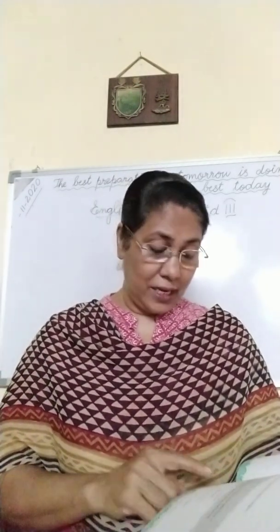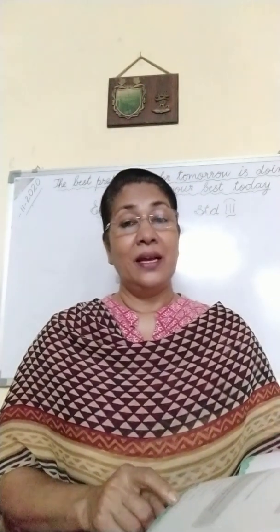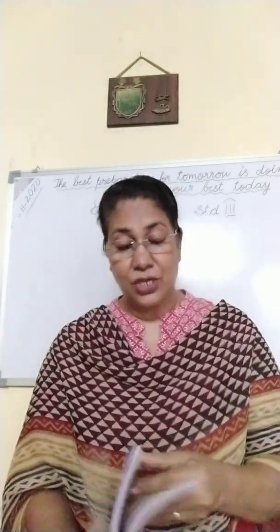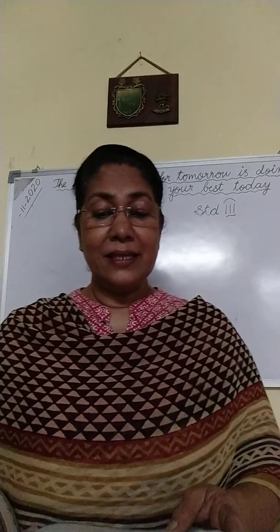So here, wider. The cheetah runs dash than the deer. The word given here is fast. It is faster. Okay, turn the page. This bag is dash than my bag.